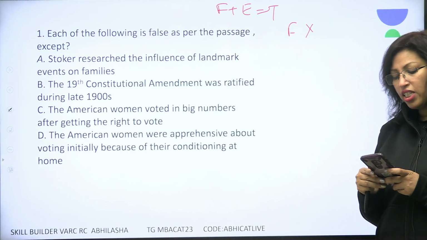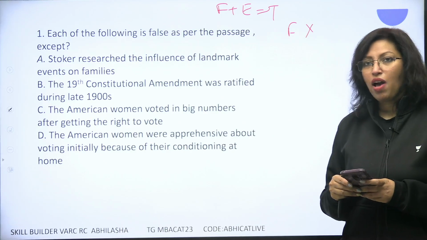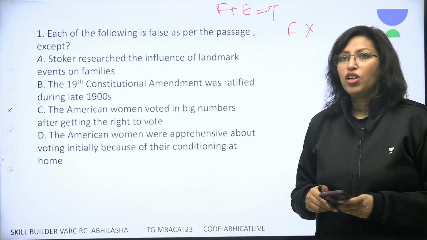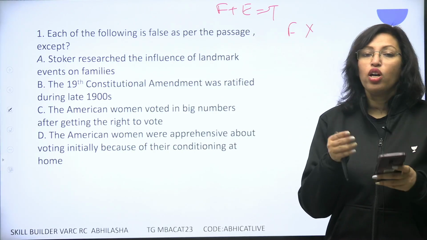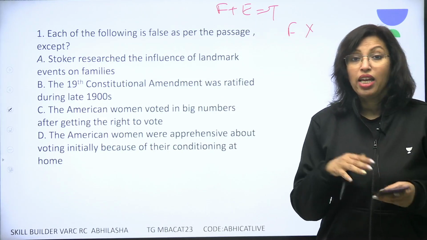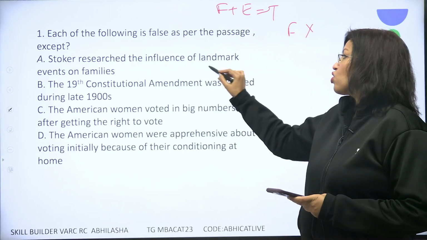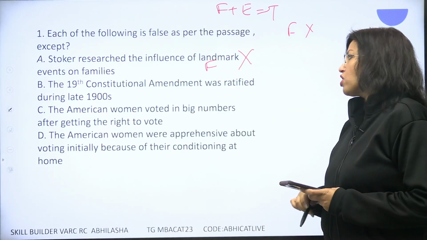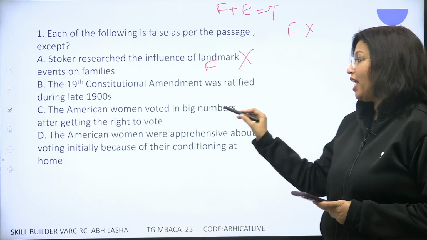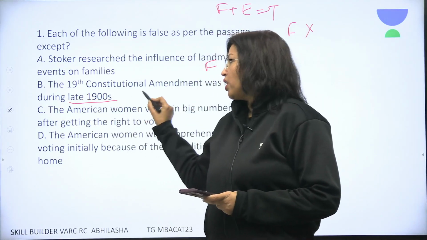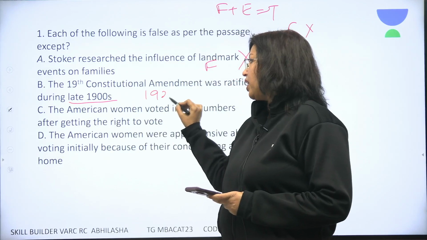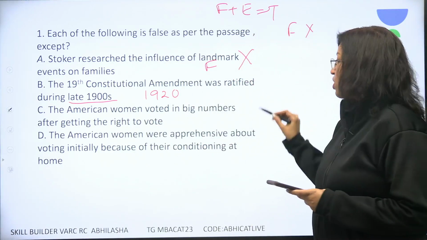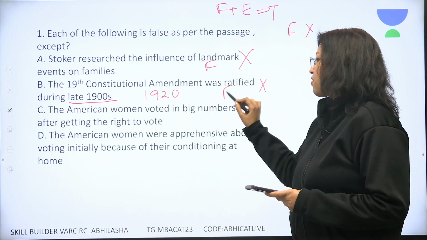So Stoker researched the influence of landmark events on families is actually incorrect. The exact opposite of this was given in the passage, that Stoker was researching the influence of family on landmark events. So this is false. So let me eliminate. The 19th constitutional amendment was ratified during late 1900s. No, it was ratified in 1920. So late 1900s would be after 1950 or something. So incorrect. False.